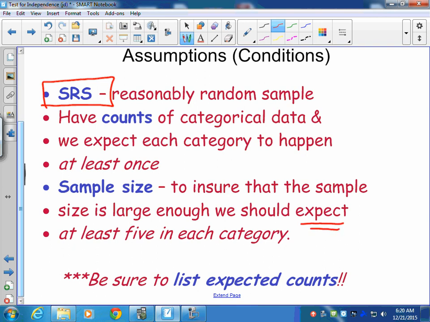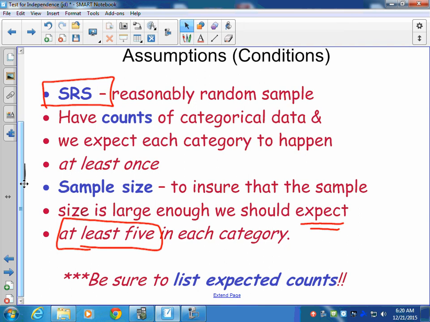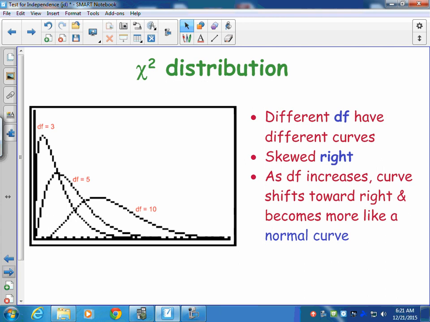Okay, remember it has to be your expected table. All expected counts at least 5. So make sure that as a part of your process for the problem, you show your expected value table, because that will be the verification you need for the assumptions.